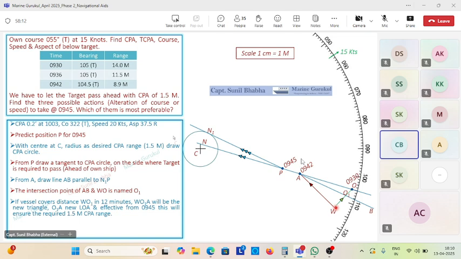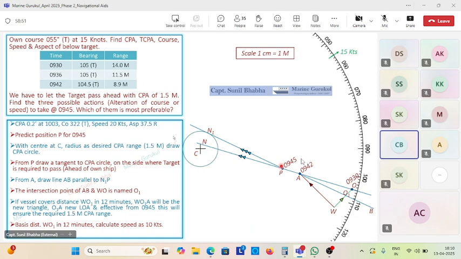If our ship covers a distance of WO1 in a period of 12 minutes, then WO1A would become our new triangle, WO1A. You can follow the laser pointer. WO1A will be our new triangle. And O1 to A will become our new line of approach. And effective from 9:45, this is going to ensure that the required 1.5 miles CPA range is achieved.